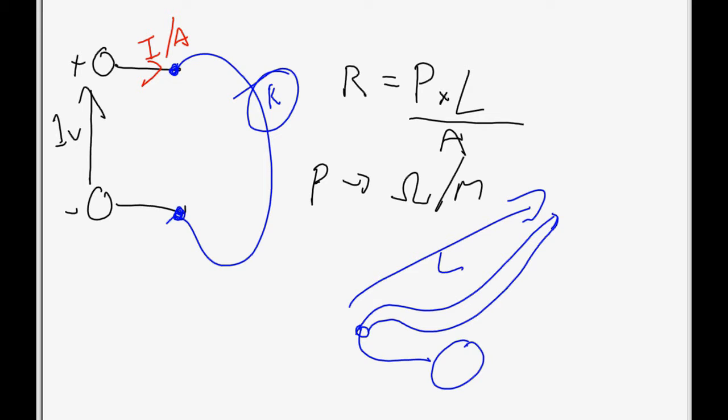It's the end of the wire, so in this case it will be the circle, and the area of a circle is equal to pi r squared. So it's the radius squared multiplied by pi gives us the area. That's our area, length, and so on.